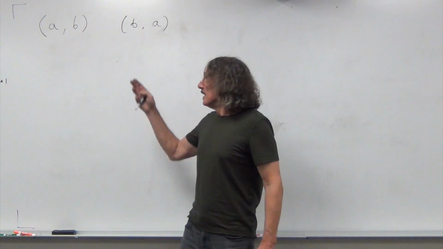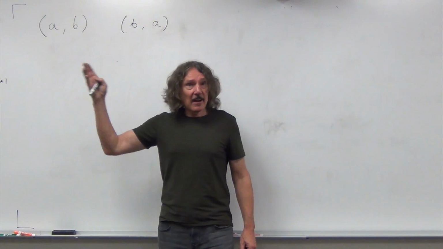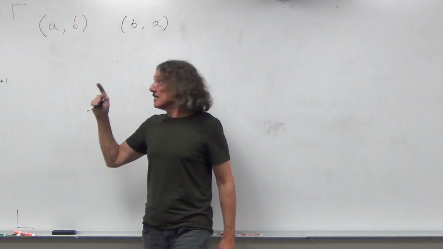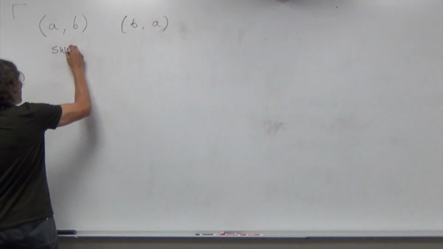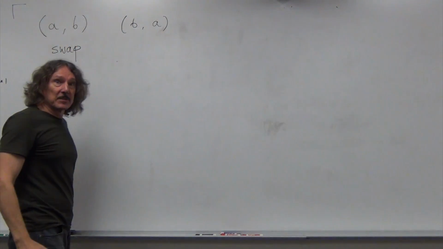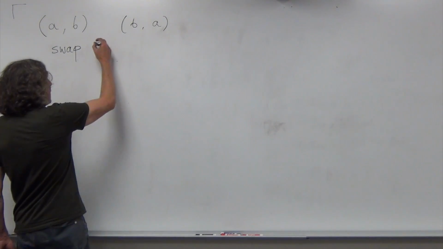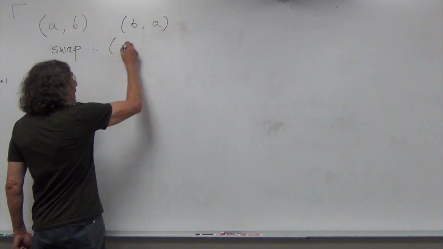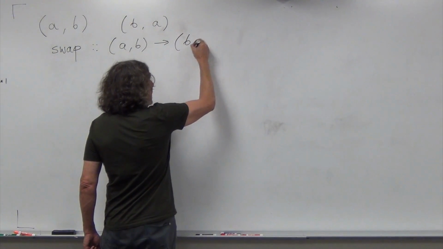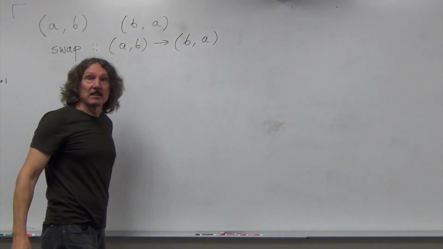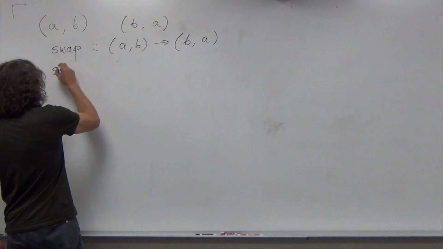Which means that actually they are isomorphic. And the isomorphism between these two types is called swap. So there is a function, right, that takes a pair of AB and returns a pair of BA. And it's really easy to implement.